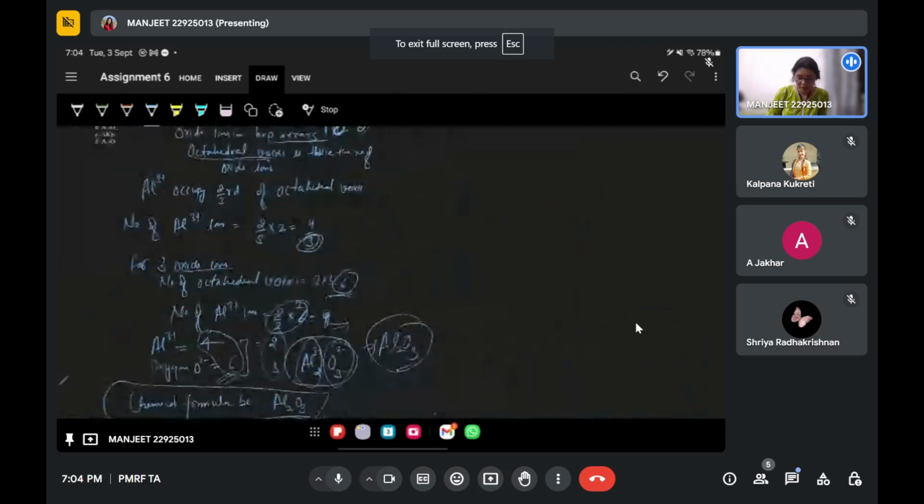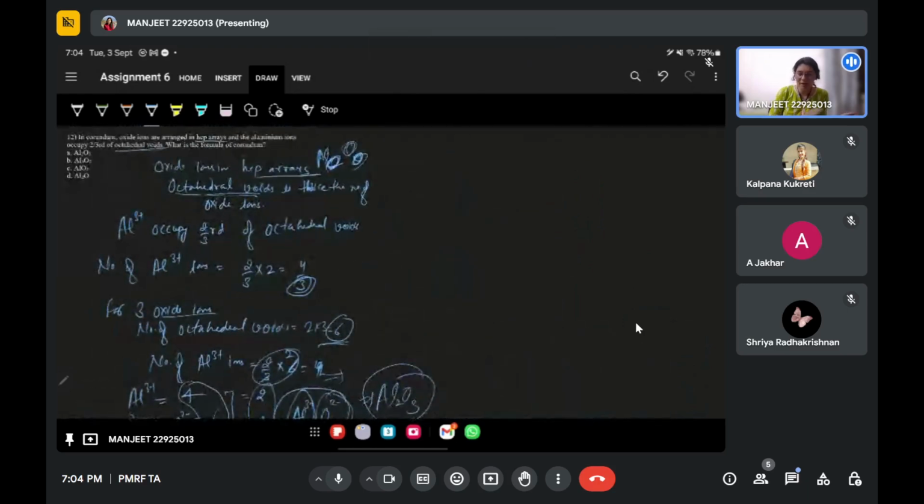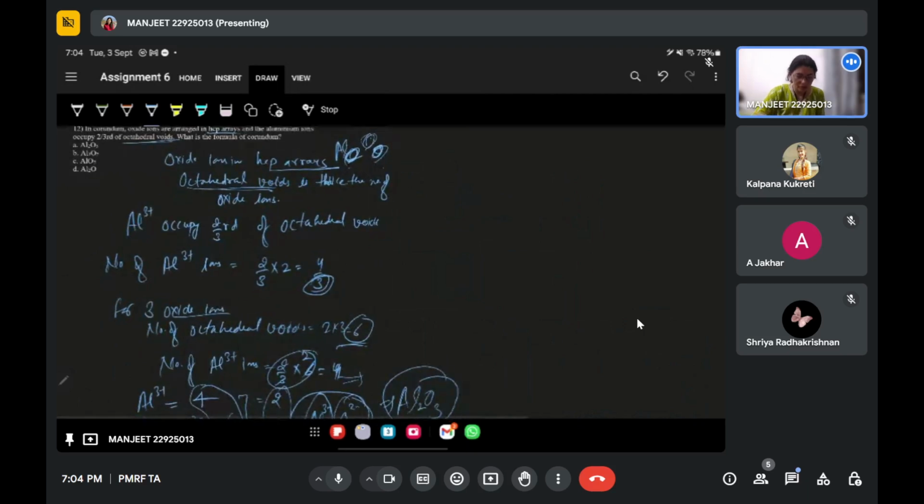So once you know how they are arranged, how many octahedral voids there are, and how much of the octahedral voids the aluminium ions occupy, then you can calculate the stoichiometry in which the aluminium and oxygen ions are arranged. So this is all about question number 12. Is it clear? Because it is simple.